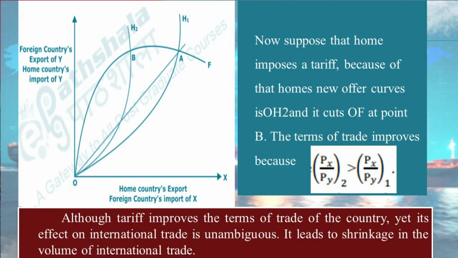Now suppose the home country imposes a tariff, then the home's new offer curve is OH2 and it cuts OF at point B. Earlier the offer curves were intersecting at point A. Now after the tariff has been imposed, the equilibrium point changes to point B, and when the equilibrium point changes from A to B, the TOT, terms of trade, improves, and it is shown by the ratio Px by Py of 2 being greater than Px by Py of 1.